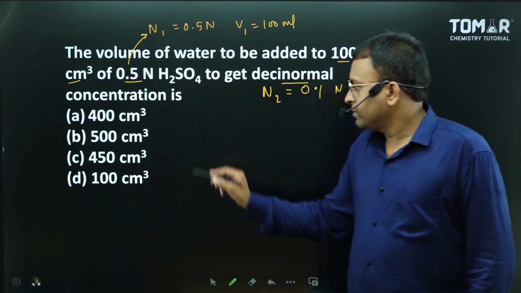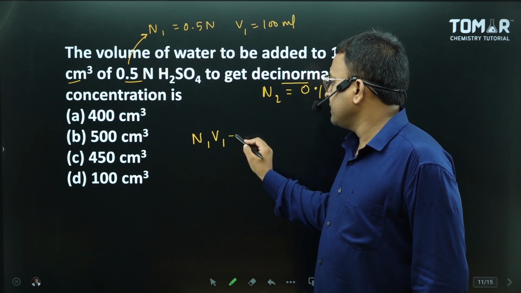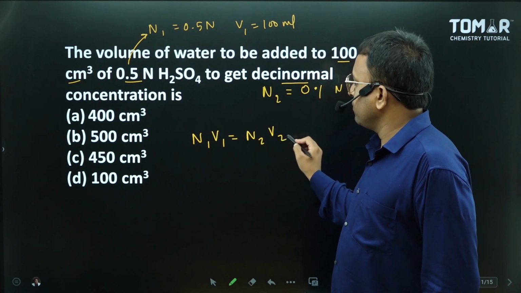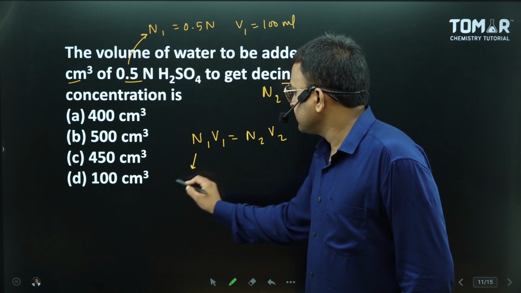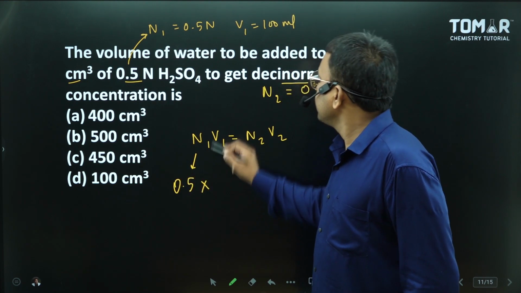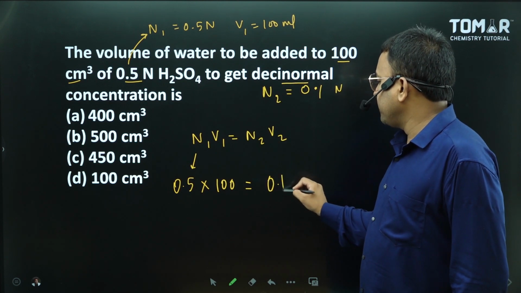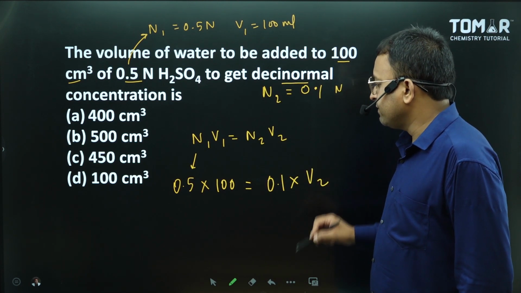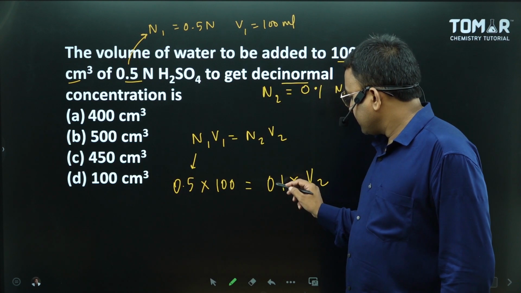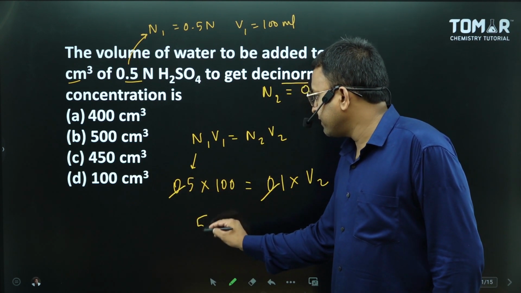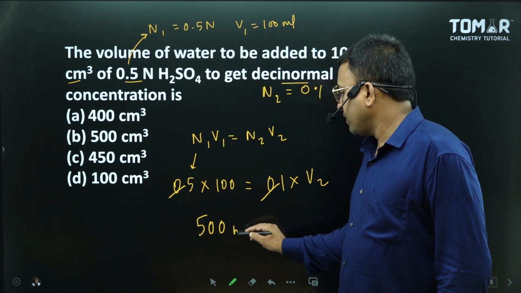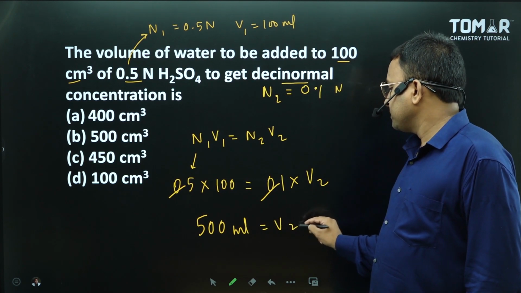Now we have to find V2. N1V1 is equal to N2V2. N1 is 0.5, V1 is 100 ml, N2 is 0.1, and we have to find V2. The V2 is 500 ml or cm³.